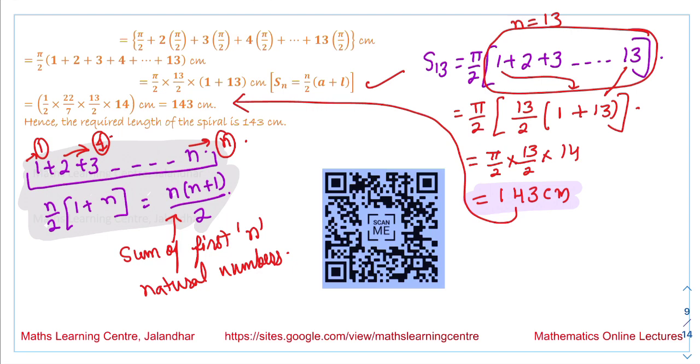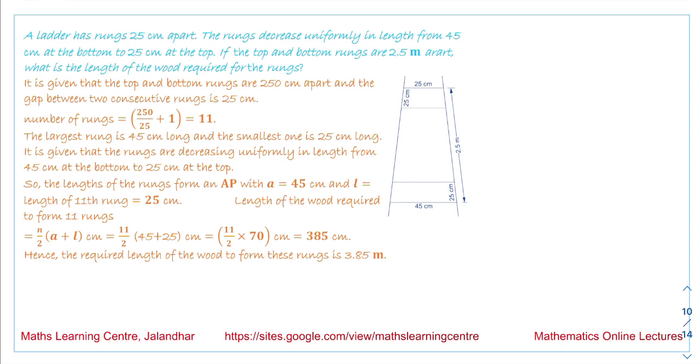Now the next question is, a ladder has rungs 25 centimeter apart. The rungs decrease uniformly in length from 45 centimeter at the bottom to 25 centimeter at the top. We are saying the distance between these two rungs is always 25 centimeter.